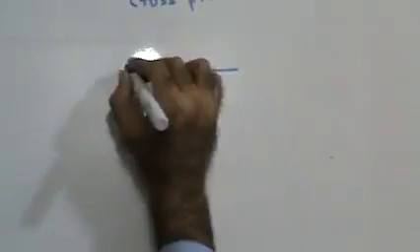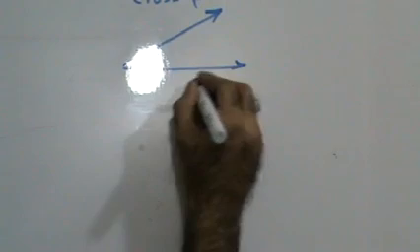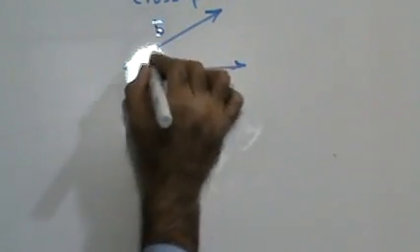Now let us move on to cross product. Suppose I have two vectors, A vector and B vector, and the angle between them is theta. I had already explained to you what cross product is. Cross product is multiplication of two vectors in such a way that you not only multiply their magnitude but also their direction.